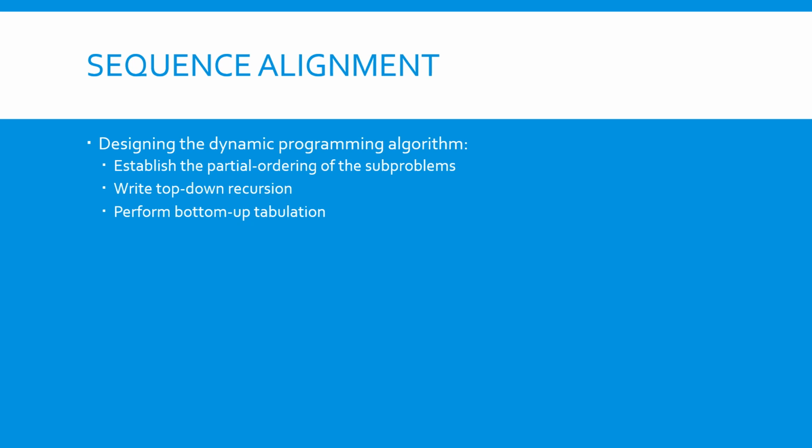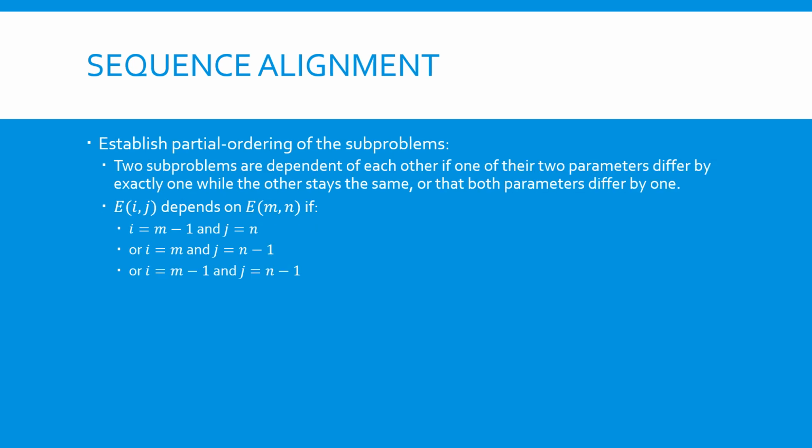After verifying that the problem can be solved using dynamic programming, we can move on to design the specific algorithm. We will begin by establishing the partial ordering of the subproblems. Then, we will write the top-down recursive function and perform the bottom-up tabulation. The partial ordering of the subproblem can be directly obtained from our previous analysis.